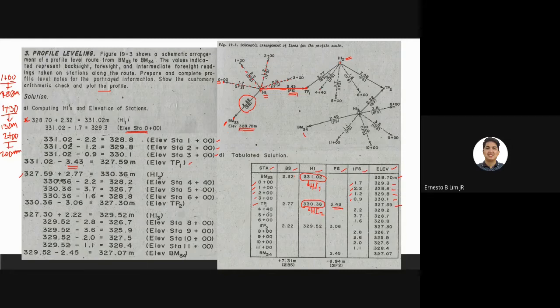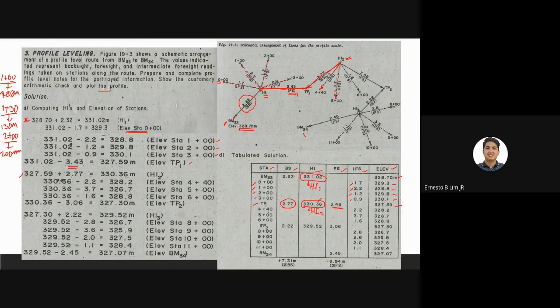From HI2, you need to have a backside to your TP. Record that backside. Then backside plus elevation at TP1 would be equal to the height of the instrument, HI2.